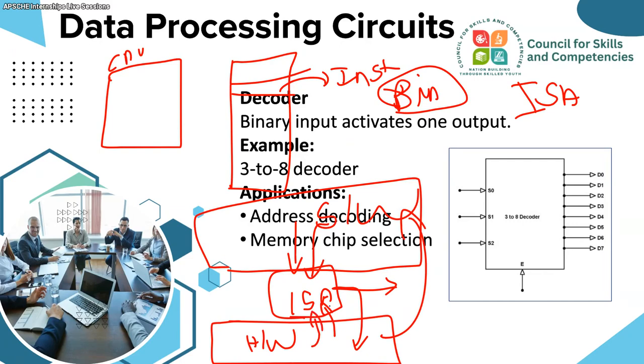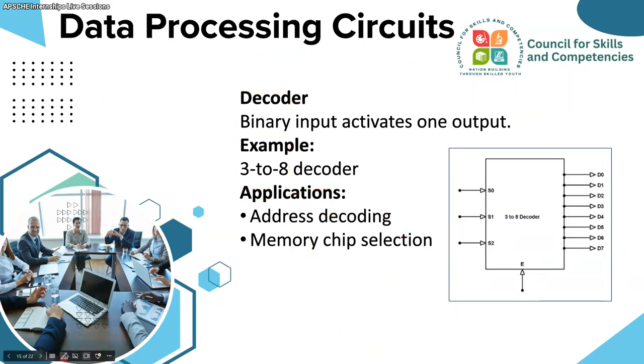So this instruction set architecture plays an important role as a middle layer, so that both the hardware and the software engineers can work independently, and the chip manufacturer, the chip developer, can develop their own according to the ISA. Okay, so that is the idea.